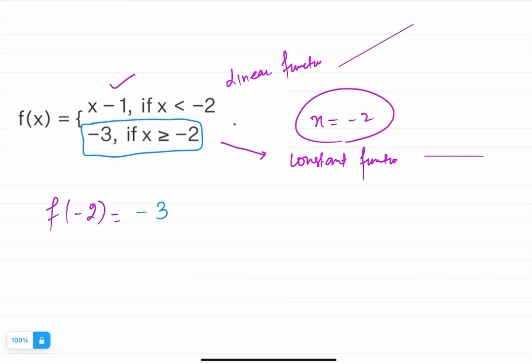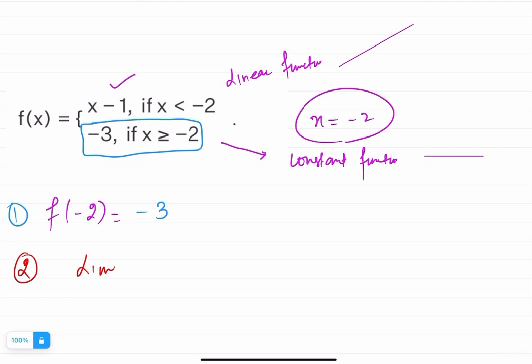That means the function is defined for f of -2. First condition is met. Now we will check for the limit. First we will find the limit when x is approaching -2 from the left side, and when x is approaching -2 from the positive side.